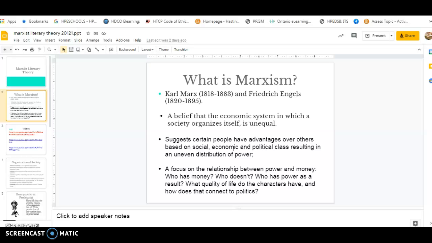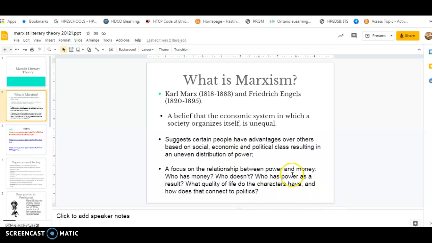And on the flip side, if you are in the lower class or poor class and you do not have money, it is very, very difficult to get out of that class and to be in any other class because of the lack of power and access to resources that you have.